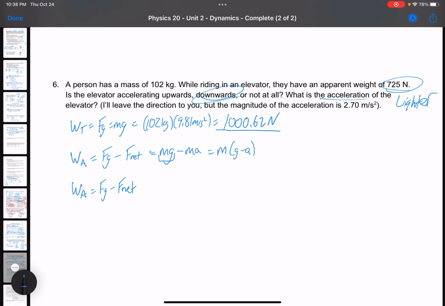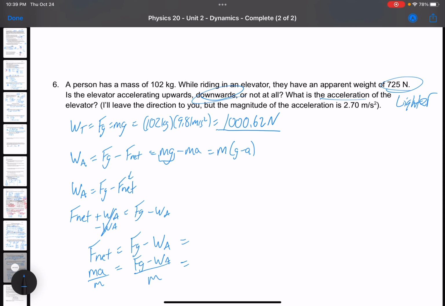If I'm looking for my acceleration, that's contained within this, so I want to get this over to the other side so it becomes positive. So I could add it to the other side, and then I want to get rid of this. So Fnet is equal to Fg minus the weight apparent. Fg is going to be that true weight. So let me just go ma equals, and divide by the mass.